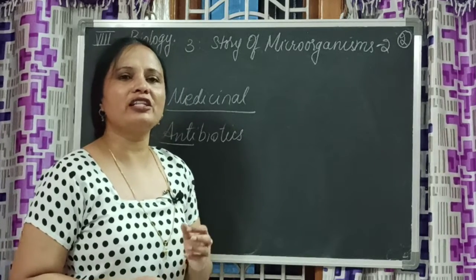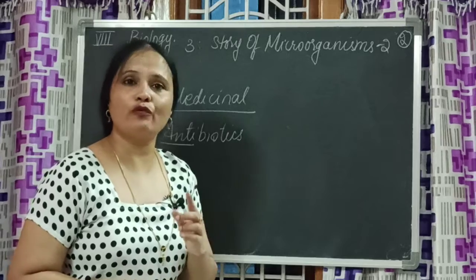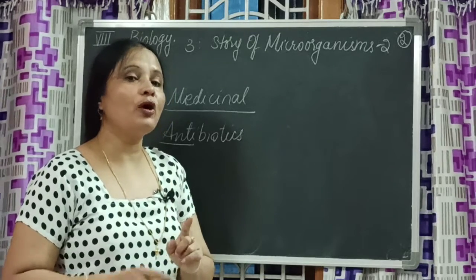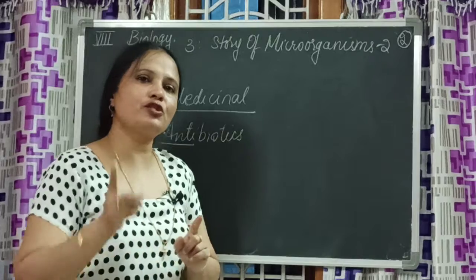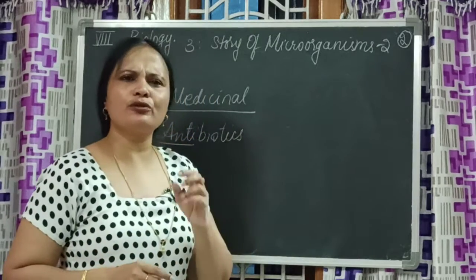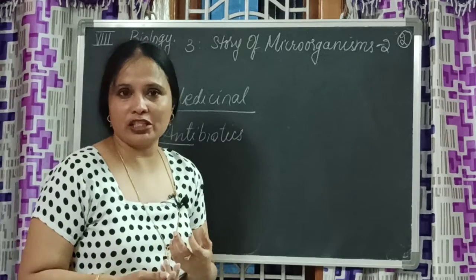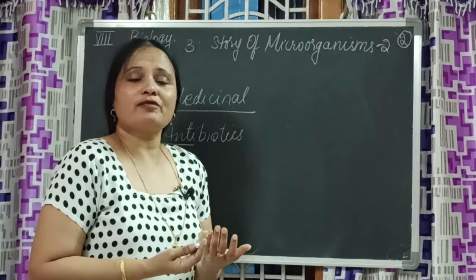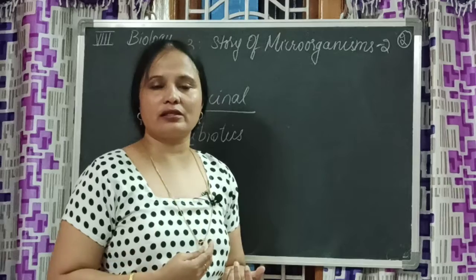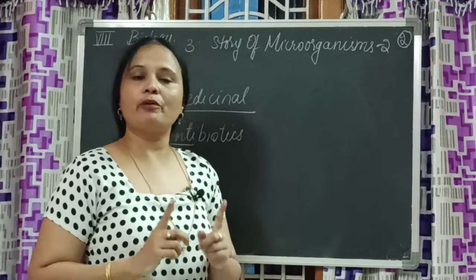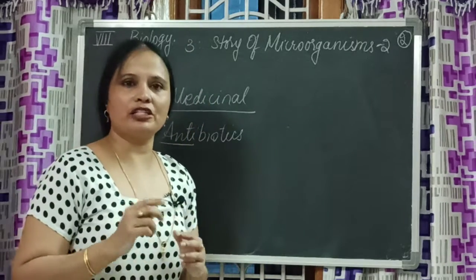Too much use of antibiotics in our body is also very harmful, because as I told you, the main purpose of antibiotics is to kill microorganisms. If it is used without proper prescription, the microorganisms which are useful to us also may get killed. So be very careful about how you are using the antibiotics.